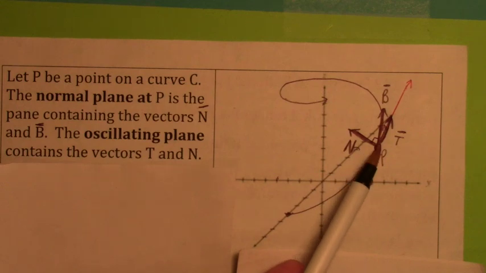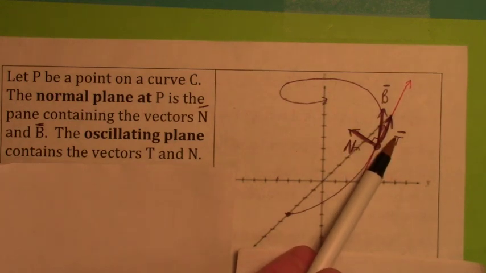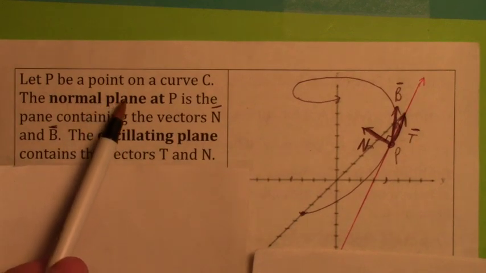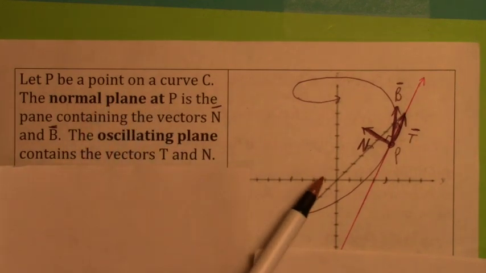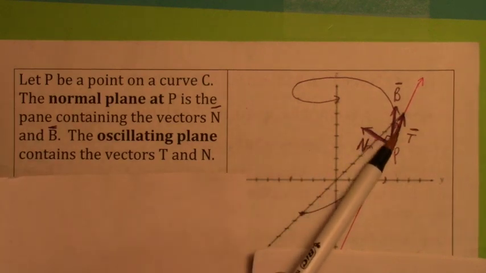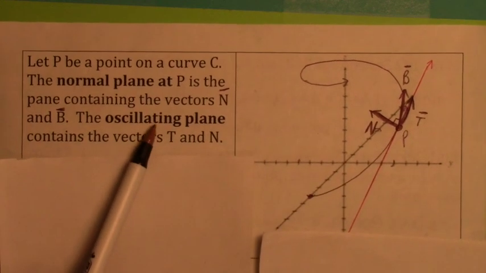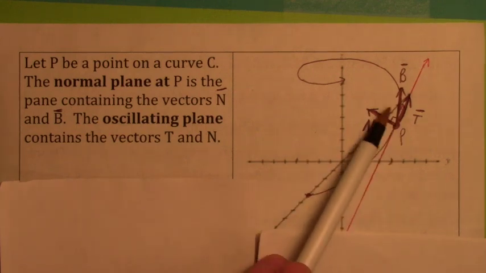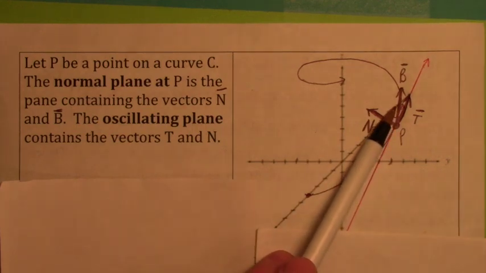And then since b is the cross product of t with n, you would look at a vector orthogonal to t and n using the right-hand rule. The normal plane is determined by the vectors n and b. So t would be the normal vector for the normal plane, right? The more interesting one is the osculating plane. The osculating plane is determined by the vectors t and n. So b would be the normal vector for the osculating plane.